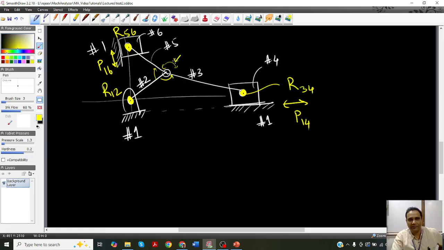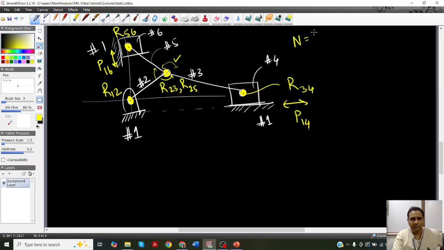If this is given, I'll be able to find this out. So that means relatively two angles are required. So I'll call it R2 3, comma R2 5. Two revolute joints are there at that particular location. Sometimes it is also known as a binary joint, but I don't want to get into the complication. It is just a different way of telling things.